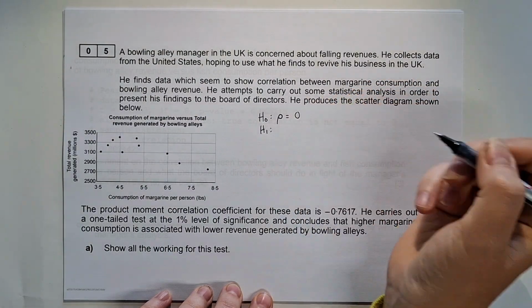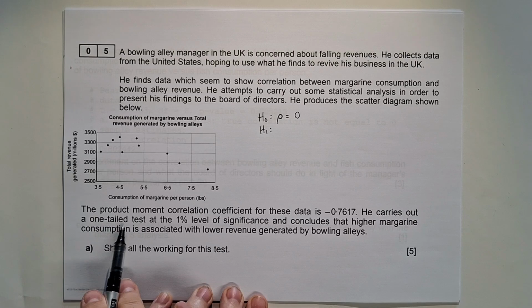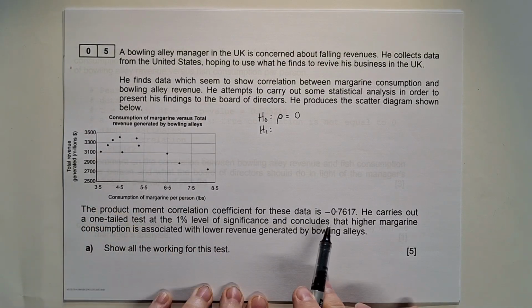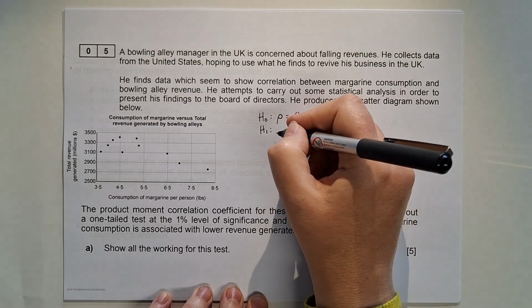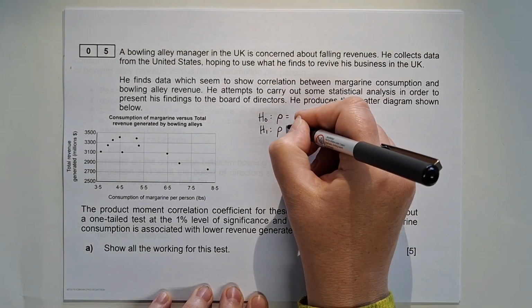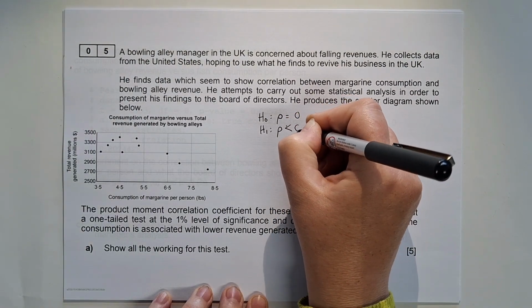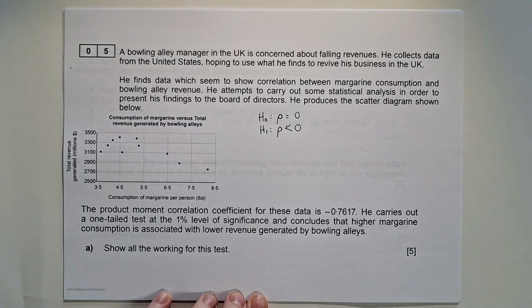And then H1, it's a one-tailed test and we're looking for a downward negative correlation, so H1 is rho is less than 0. You've got to state your hypotheses with the symbols to be sure you get your marks.